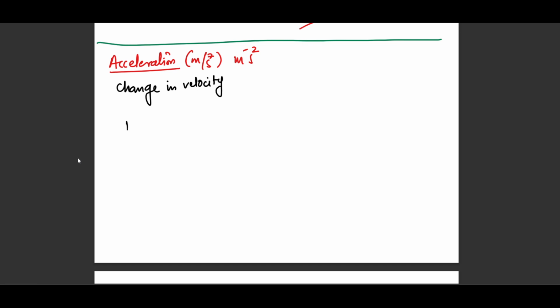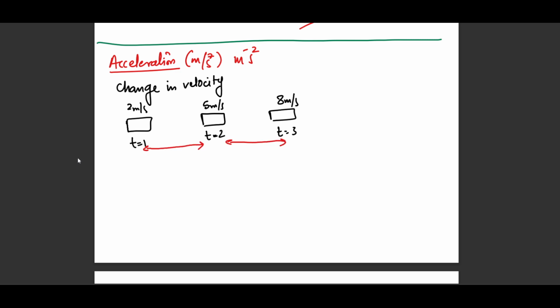So for example, if we have an object that is moving through time, for example, this is time equals 1, this is time equals 2, this is time equals 3. Let's say the speed of the object at this point is 2 meters per second, and after some time we realize it is 5 meters per second, then it is 8 meters per second. So as 1 second is passing by, the speed of the object is increasing.